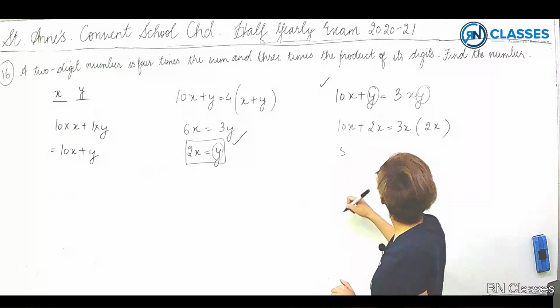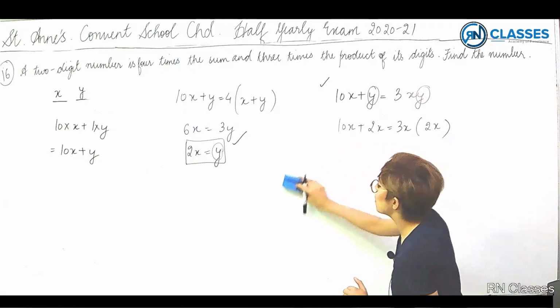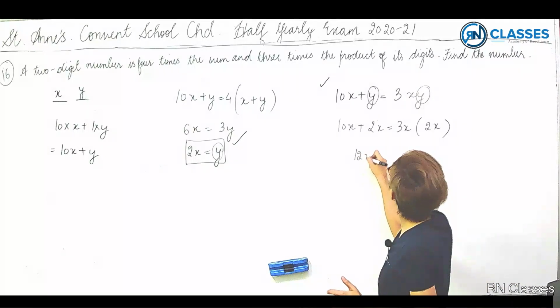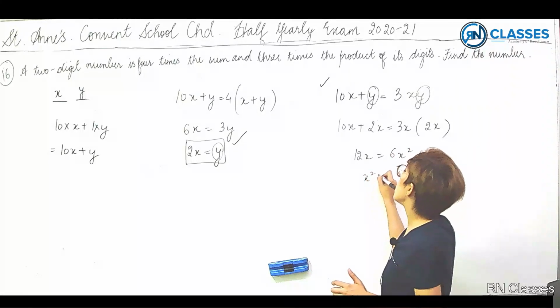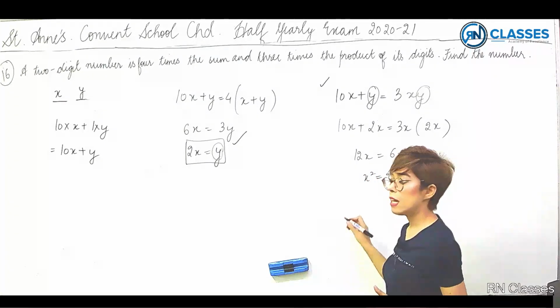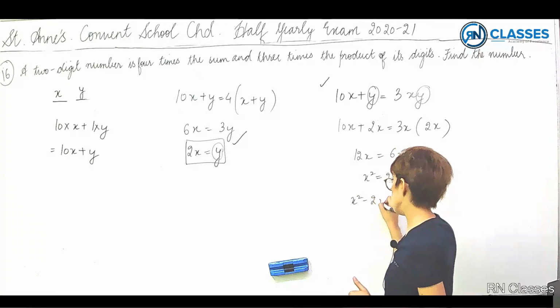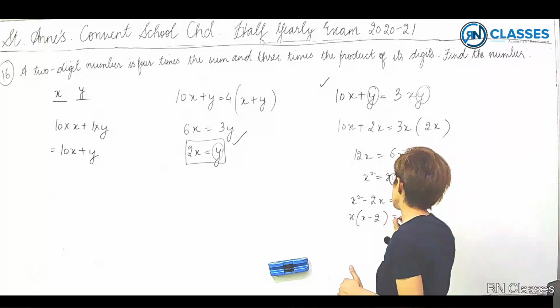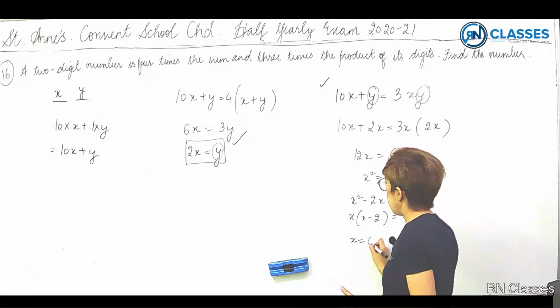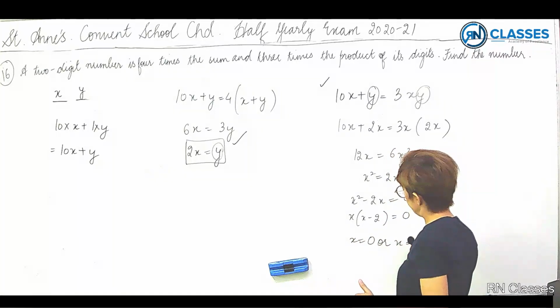So, no, I shouldn't do that. First let's make it 12x. So, 12x equal to 6x square, or I can say x square equal to 2x. So, x square minus 2x equal to 0. And x into x minus 2 equal to 0. So, x is either 0 or x equal to 2.